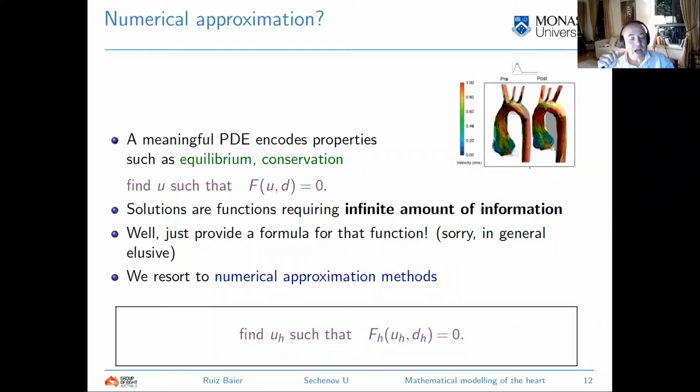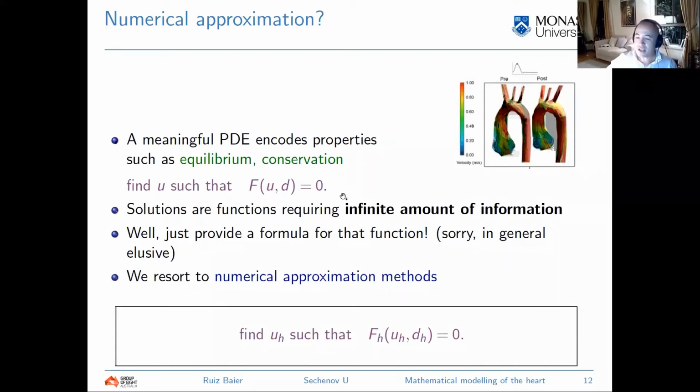My computer has, I don't know, 8 or 16 gigabytes of RAM, but that's a lot, but it's not infinite. So there's no way I can put an infinite amount of information in a computer, my laptop or a bigger computer. So I need a way to transform an infinite amount of information into a finite amount of information.